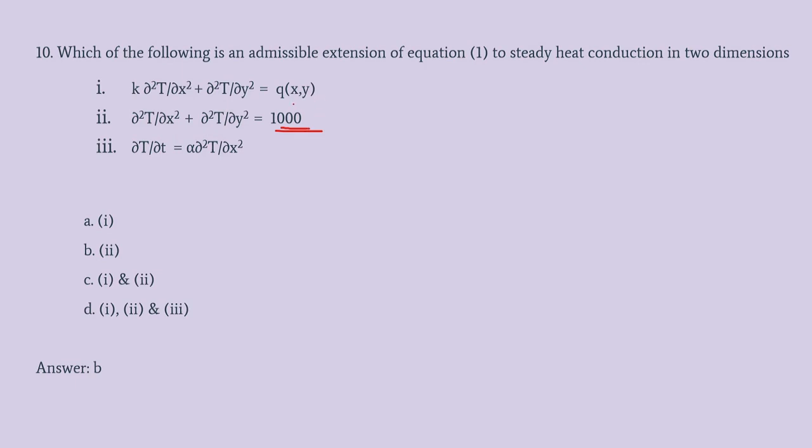So q of xy is like q varying with respect to x and y. If q is varying, then it is not a steady state condition. To get a steady state condition, we should have a constant value on the right hand side. So the answer becomes B.